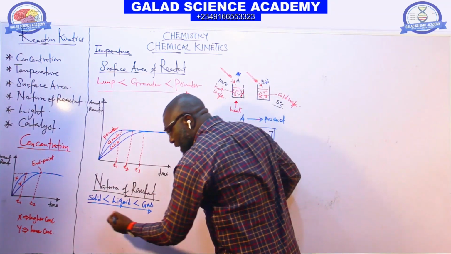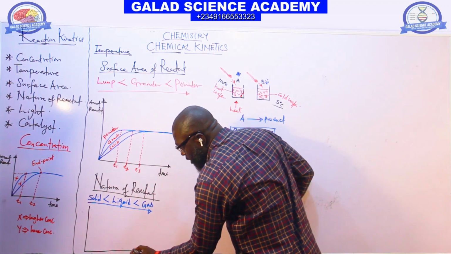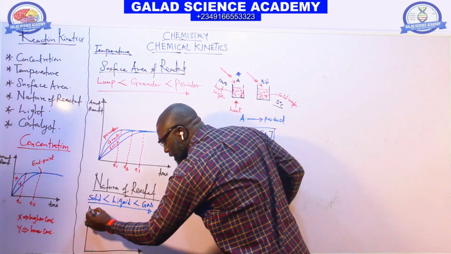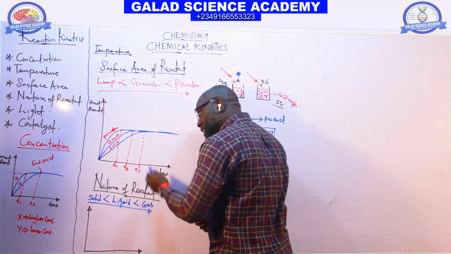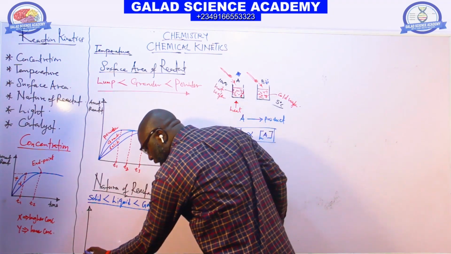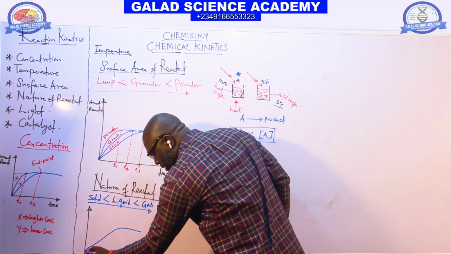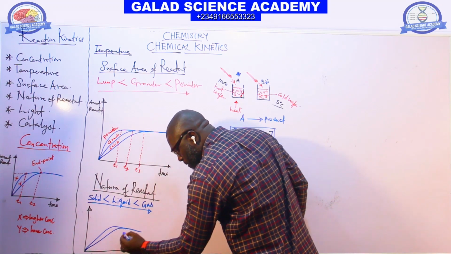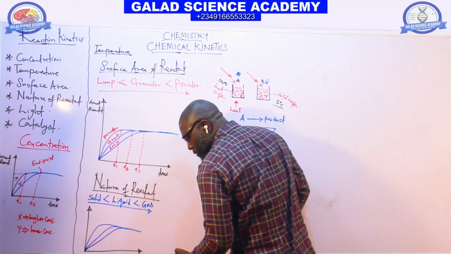So the graph of the nature of reactants, we also have it in this form too. It's really the same thing with the one we have here for the second one, the third one.